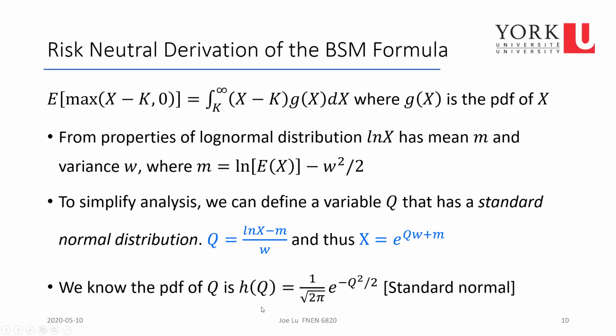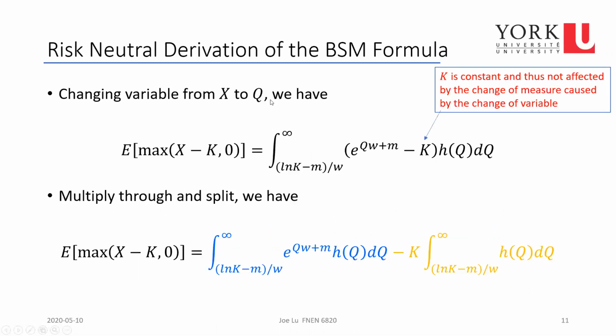Now the PDF for q is this very simple standard normal probability density function. Our task is to calculate the expected value of this max function. We are integrating x, which is e to the power of qw plus m, minus k, under this distribution h(q) dq.